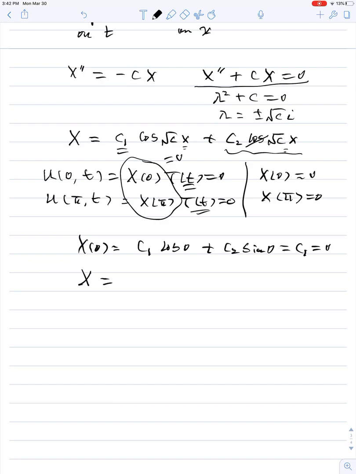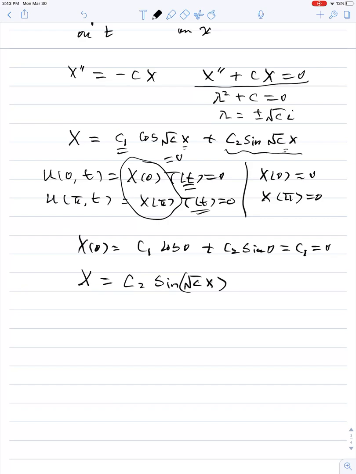Apparently I misspoke; this should not be cosine, it should be sine here. So we have that X is c2 sine square root of c x.